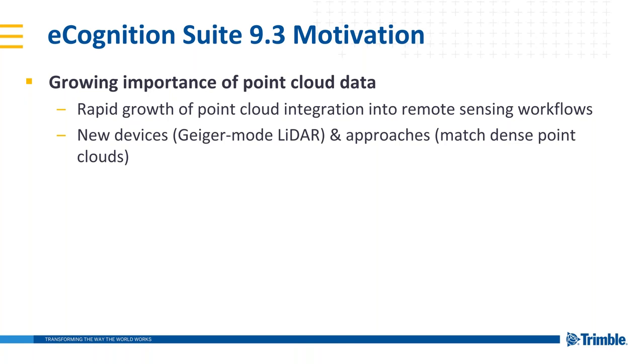We are seeing these influencing remote sensing workflows more and more, and therefore decided to investigate how we can improve the interaction of the user with point cloud data in the eCognition project environment.